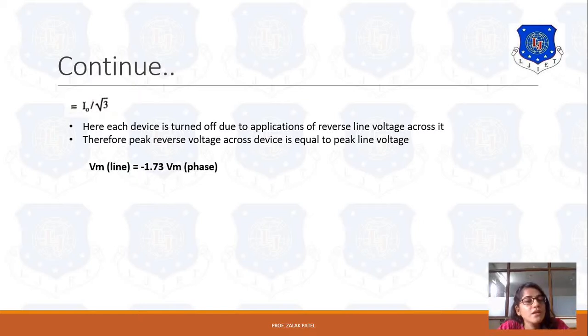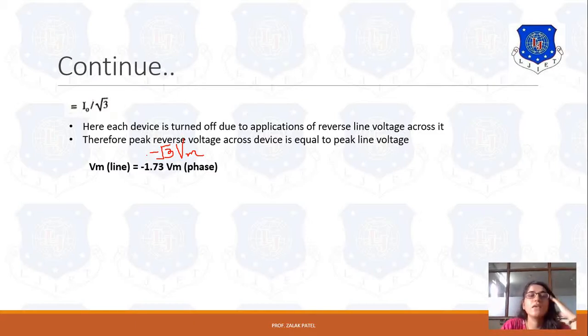So it will be root 3 times Vm. Root 3 can be written as 1.73, so it is actually minus root 3 times the maximum voltage. Maximum voltage is our line voltage, so it is minus root 3 Vm for the peak reverse voltage.